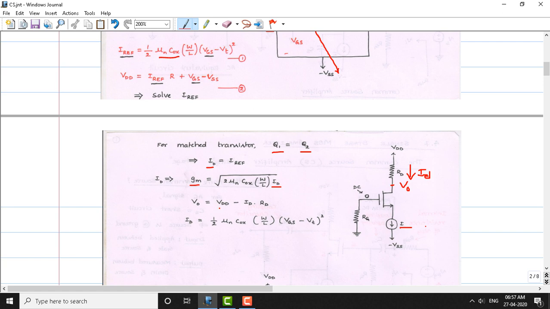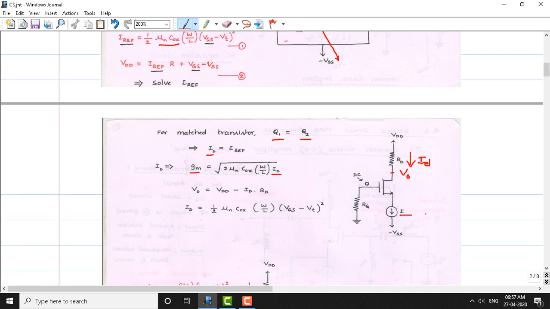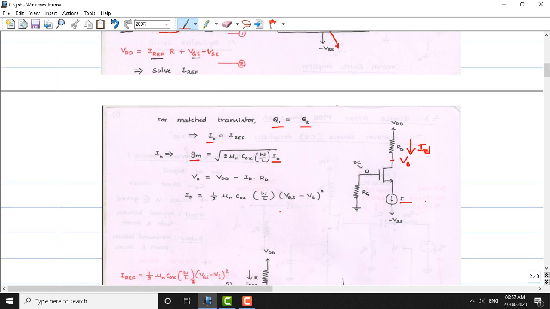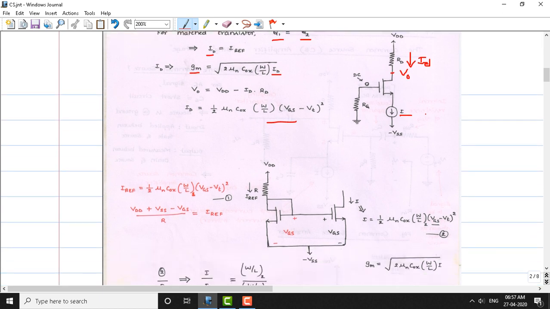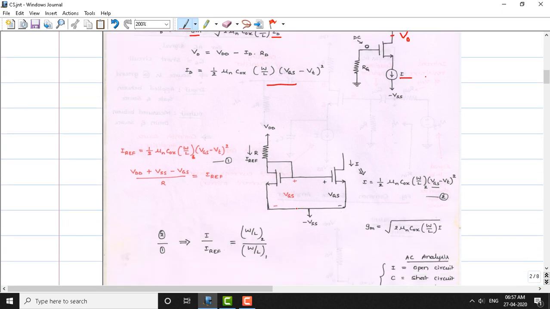This is the saturation current, since we assume that the MOSFET operates in the saturation region. Therefore, the current flowing through this transistor can be modeled through the saturation current.